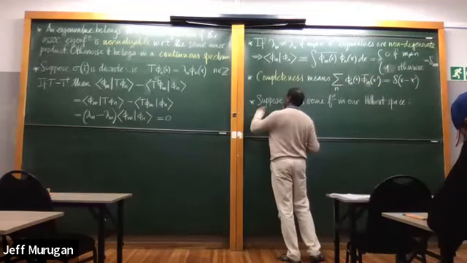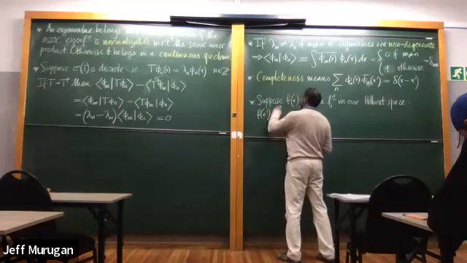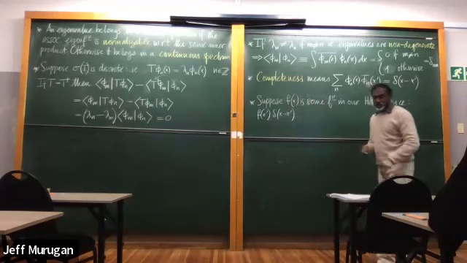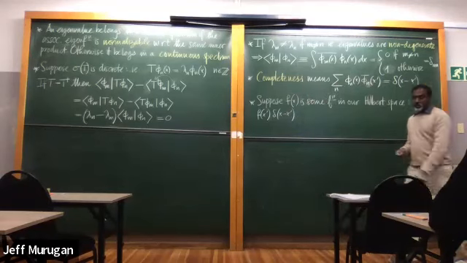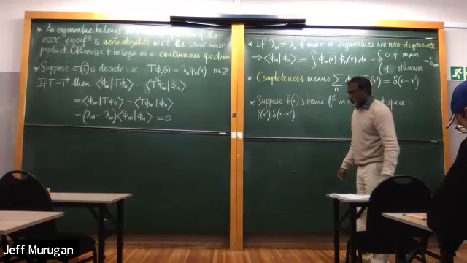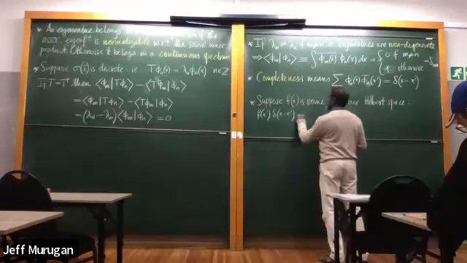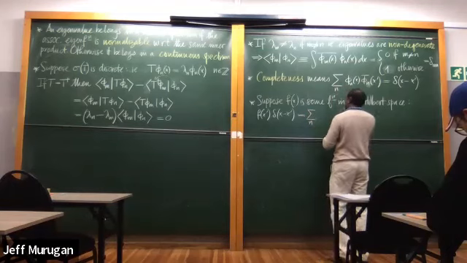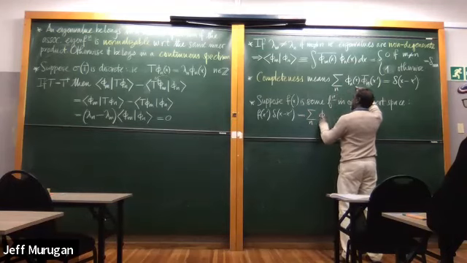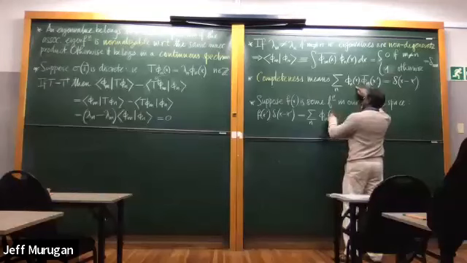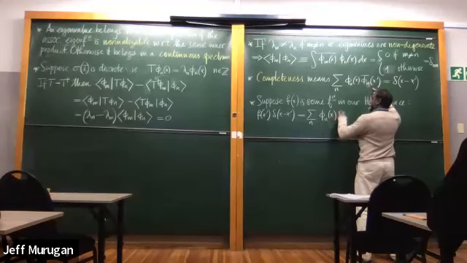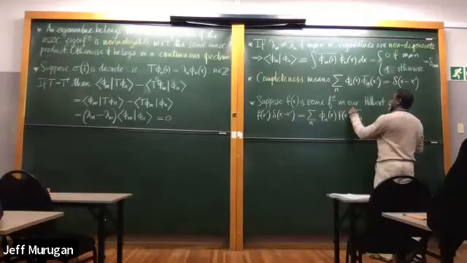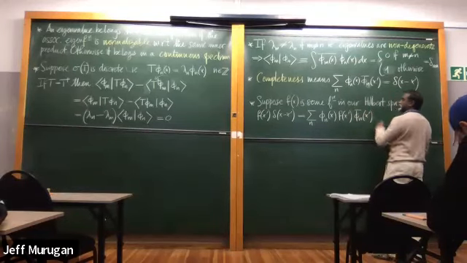And f of x prime delta of x minus x prime is the sum over n of phi n of x, f of x prime, phi n bar of x prime.